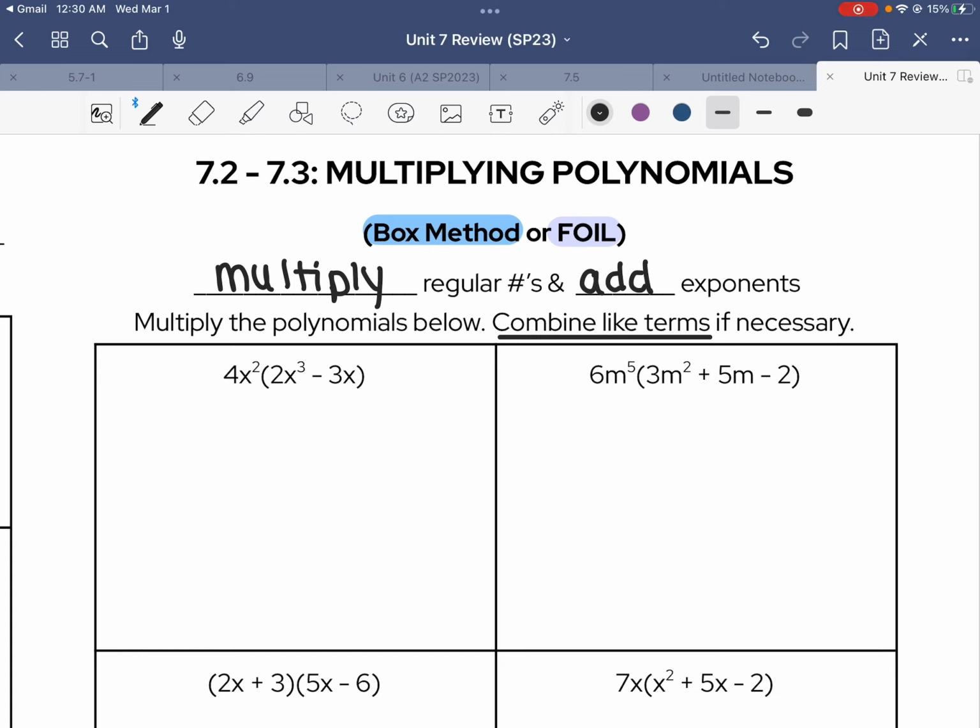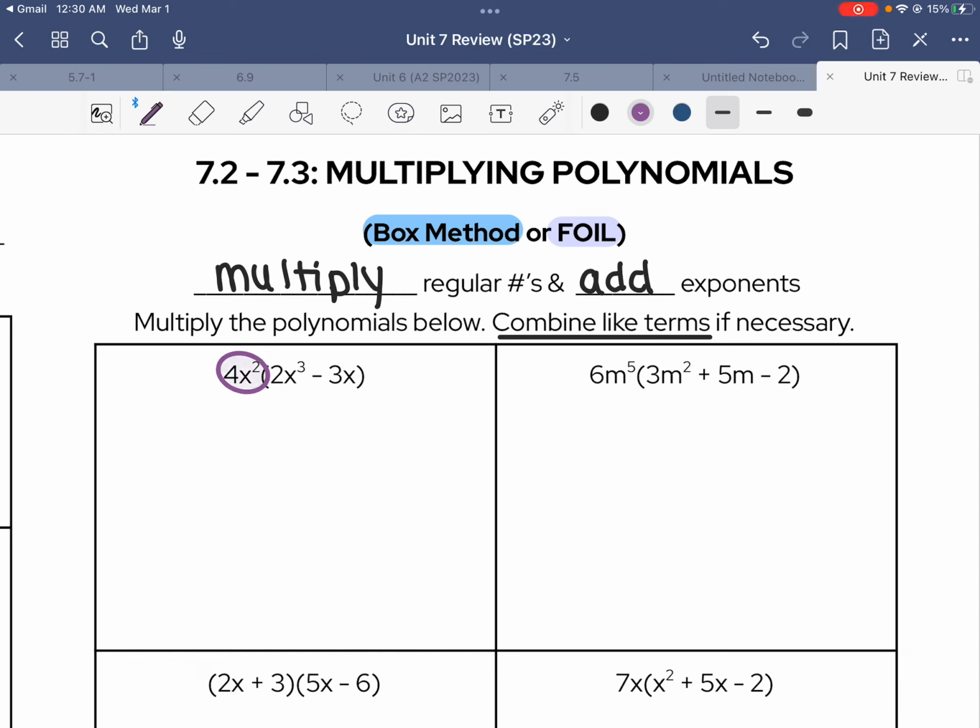And the two that I'm going to do are actually going to be the first two on the left side. One suggestion that I have for you is if you only have one thing in front of the parentheses, so basically one set of parentheses, I would take that and multiply it to the other two. Sorry, that makes it really hard to see the exponents, so let's try this.